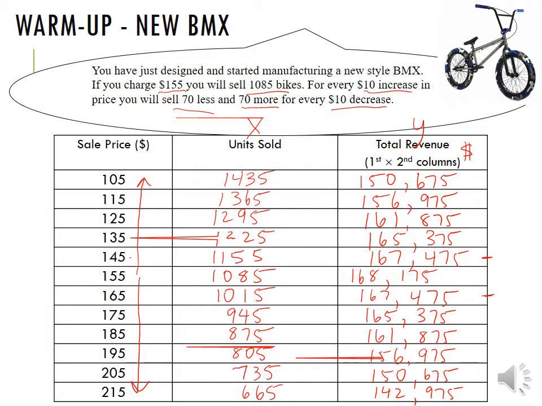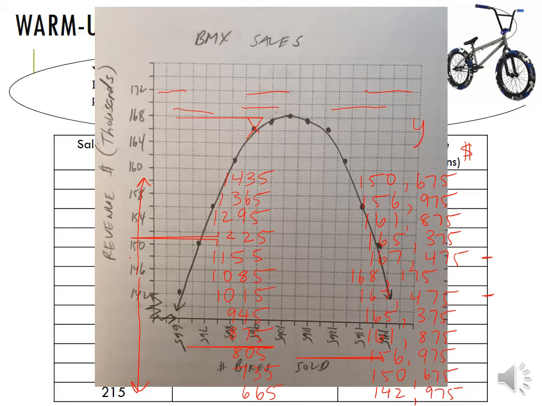Now I'm going to give you a scale that I came up with by hand. It doesn't have to be exactly this way, but some key things here. And again, those numbers are kind of popping up across the picture. There's no way really I can get rid of that, but you're going to notice I have BMX sales, so we have a title.